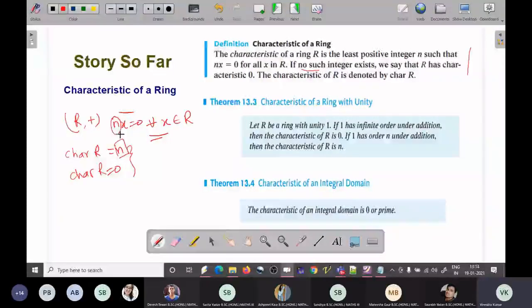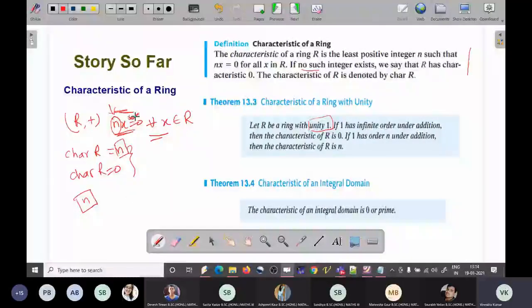Unity may not be a member of a ring, but here we need only unity, because in the definition, this should hold for all x belonging to R.